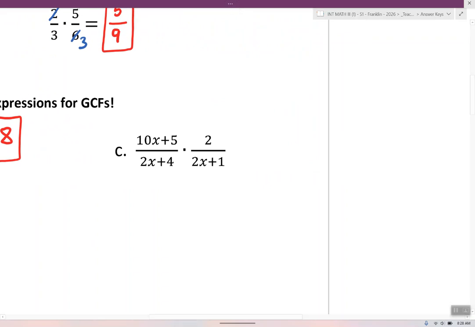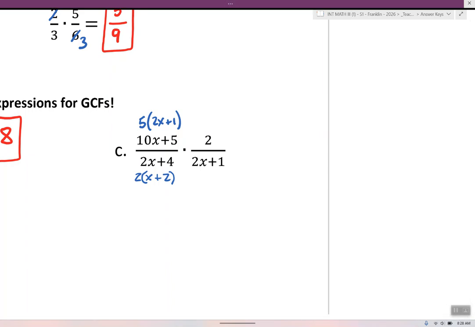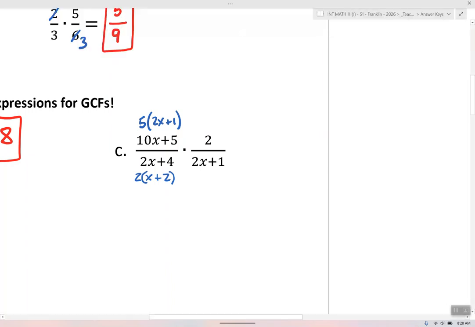And lastly, example C here. So do something similar as what we saw in the last problem. We can factor this 10x plus 5 by pulling a GCF of 5 from both of those terms. So that's 5 times 2x plus 1. Well, that's nice. I can also do that on the bottom here. I can take a 2 out, and that gives us 2 times x plus 2. And then we can see, well, this 2x plus 1 will cancel.